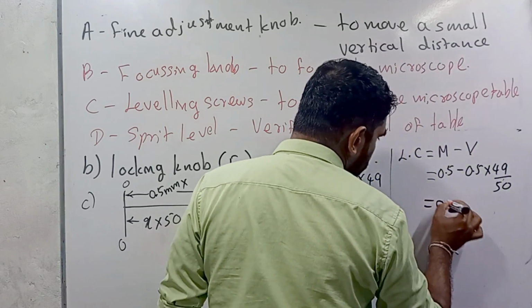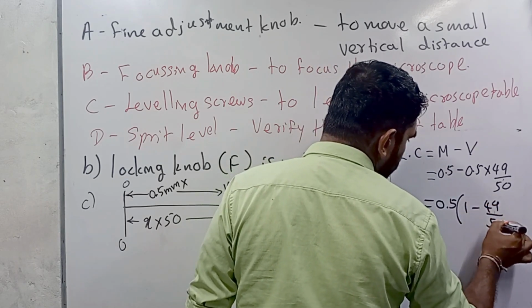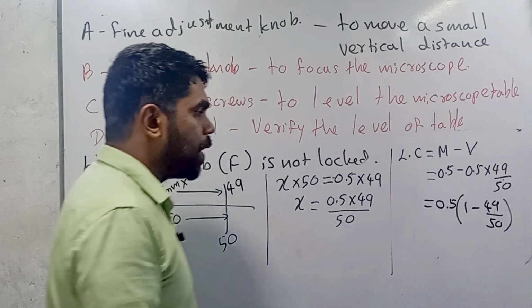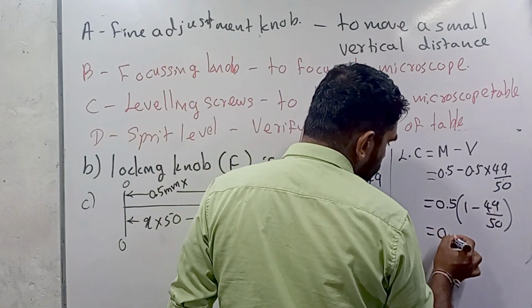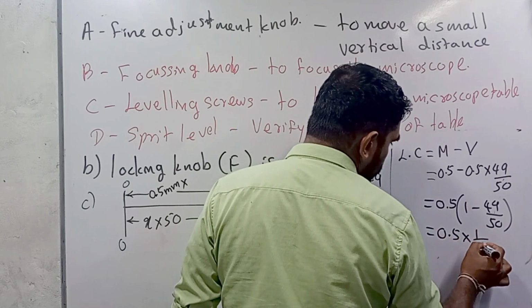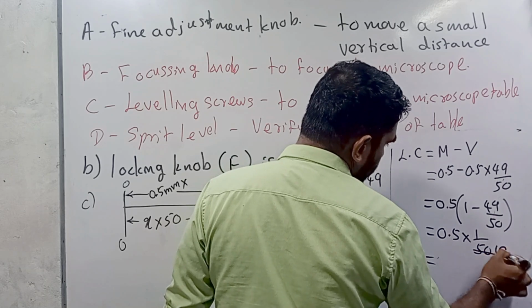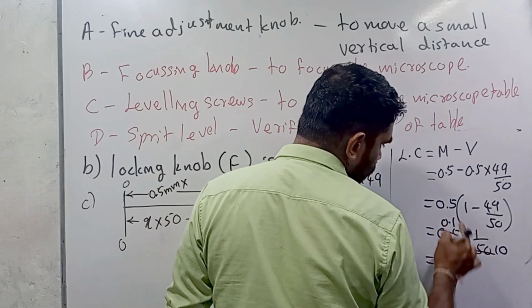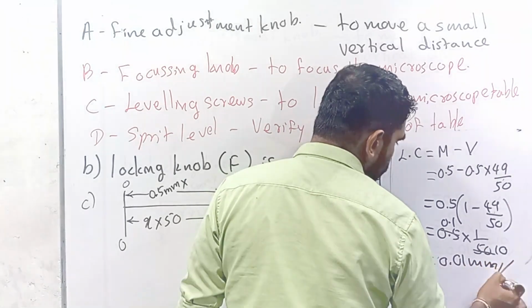Now we can take 0.5 as a common factor: 1 minus 49 over 50. 1 is 50 over 50. 50 over 50 minus 49 over 50 means 1 over 50. 0.5 divided by 50 gives 0.01 millimeter. That is the least count.